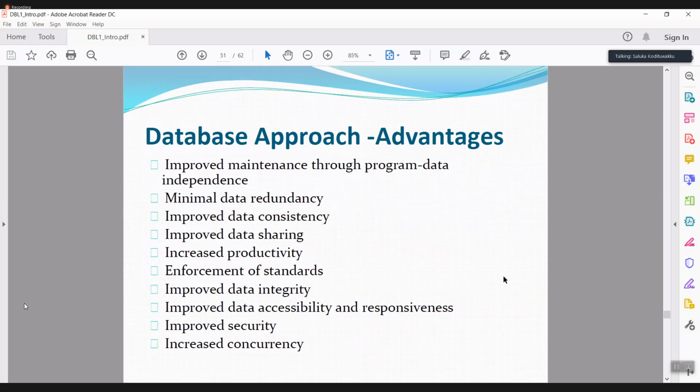And then as we mentioned, the file-based approach has data redundancy. We can duplicate things unnecessarily, but a DBMS allows maintaining only minimum redundancy, or in other words, allows duplicating only essential data. And then it improves data consistency.